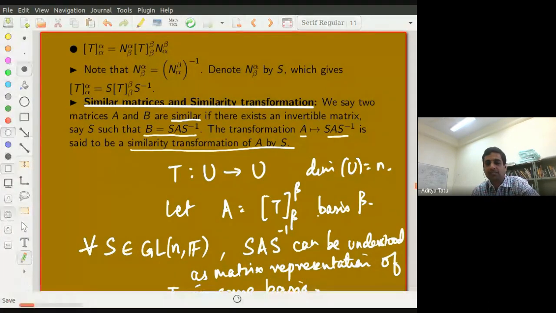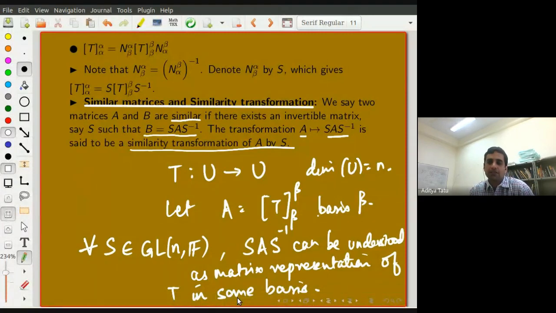But in principle, what that means is you may have infinitely many matrices that represent the same linear transformation. So the take-home message is that linear transformations or linear operators are at a different level compared to matrices.